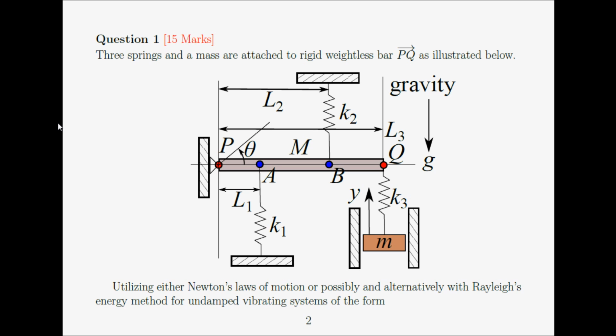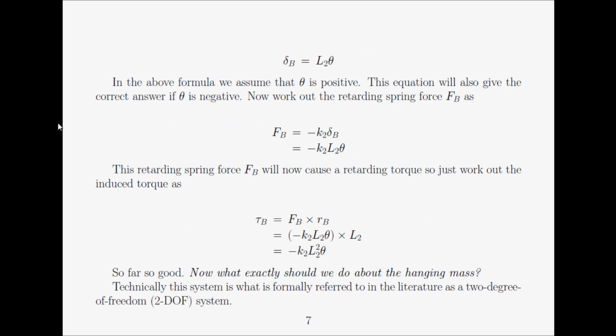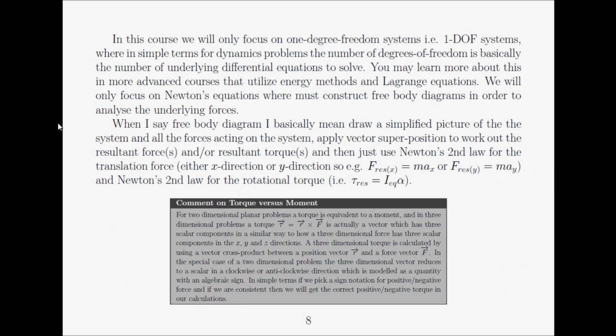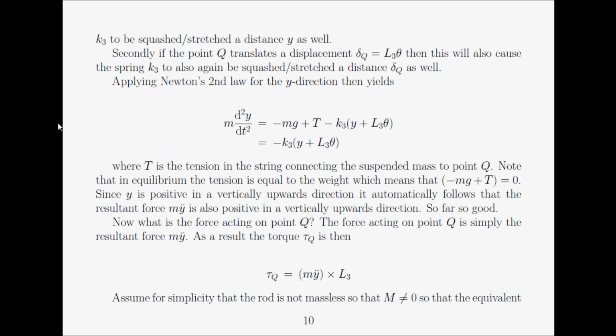Therefore, that will be a positive torque on the system, and we assume by definition it is positive. It could be negative depending on the magnitude of y and theta. Y could be positive or negative, theta could be positive or negative. Therefore, the sum of y plus L3 times theta could be positive or negative. And depending on whether it is positive or negative, the force could be either positive upwards, 0, or negative in a downwards direction.